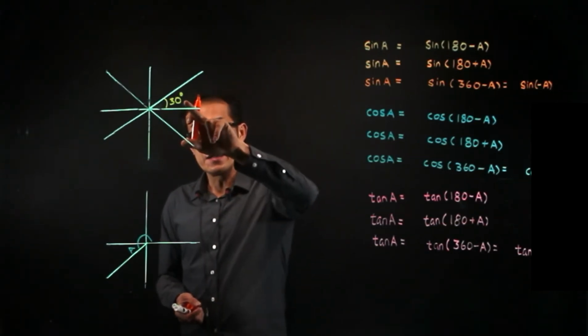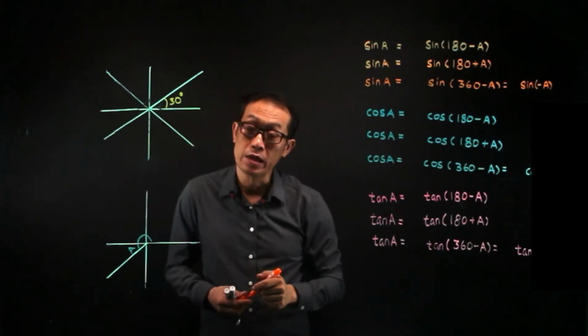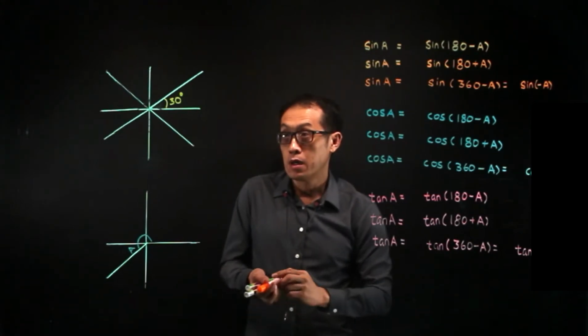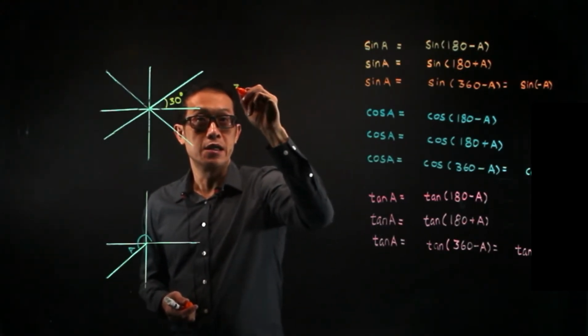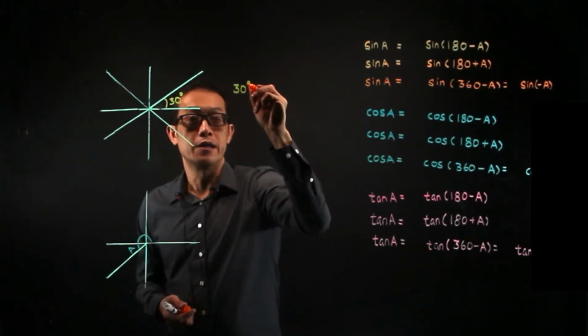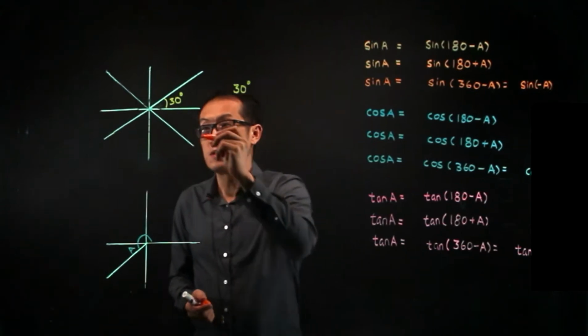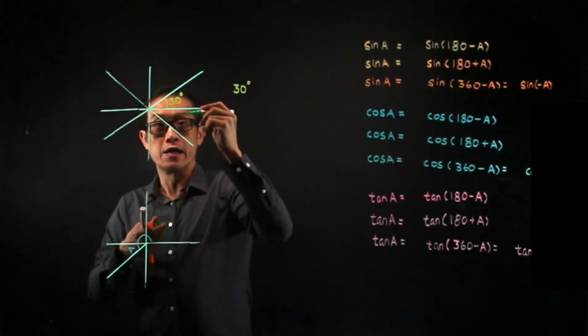Now, if this angle is 30, what other angles will have a basic angle of 30? Let me write it down. Let's say this is 30. Another angle that has a basic angle of 30 will be this angle here.